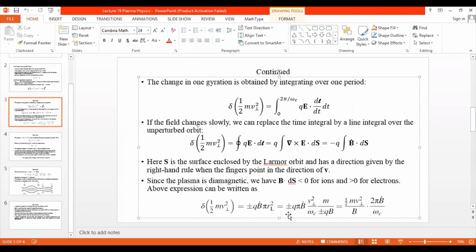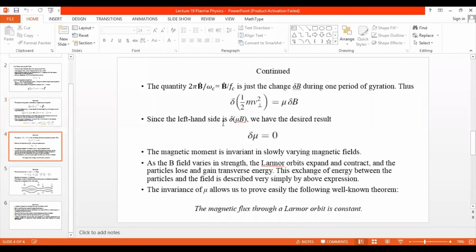So we can write plus minus qB dot pi v perpendicular squared over omega c, m over plus minus qB, and this can be written as half m v perpendicular squared over B times 2 pi B dot over omega c. And we have already discussed that half m v perpendicular squared over B is known as the magnetic moment. So we can write delta of half m v perpendicular squared equals mu delta B.